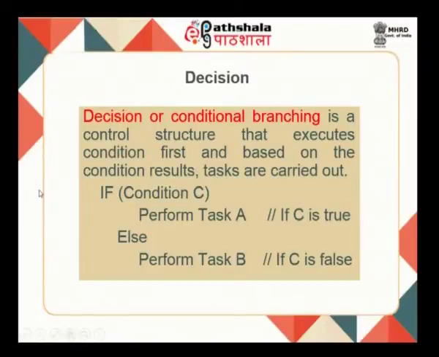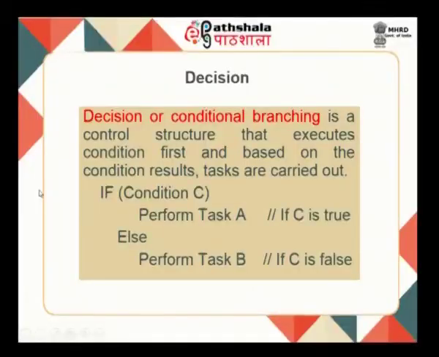You can observe that it starts with condition C. First condition C is getting executed. It is an expression, so it has two results, true or false. If the condition is true, then task A is executed, otherwise task B is executed. This kind of structure is what we call decision or conditional branching.